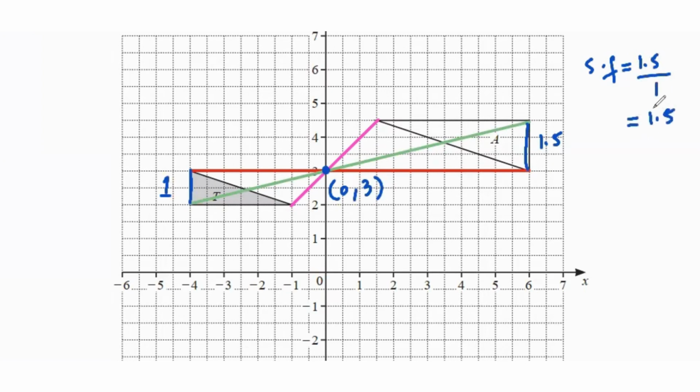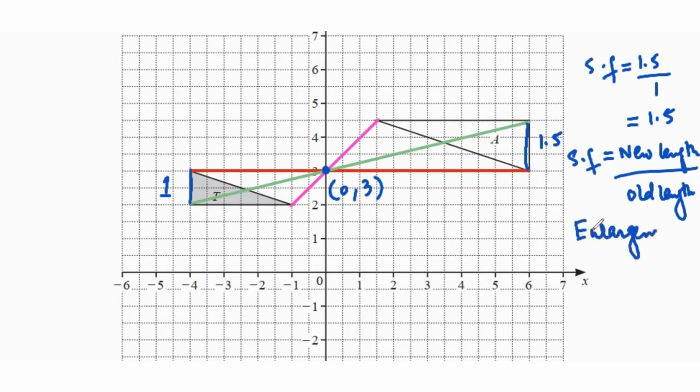In scale factor, always remember you divide the length of your new shape by the length of your old shape. So scale factor is new length over old length. So that's why I did 1.5 divided by 1, which is 1.5. That is the scale factor. Fully describe this transformation. It is an enlargement by scale factor of 1.5 and center is (0, 3).